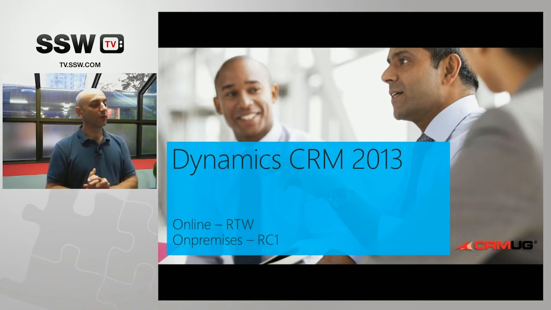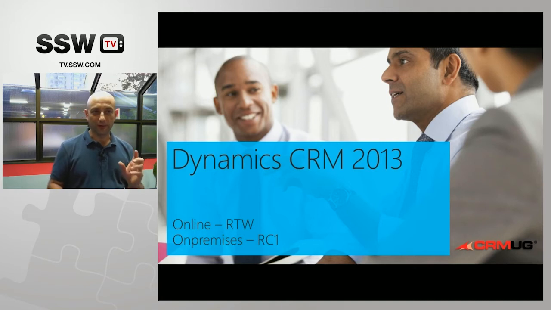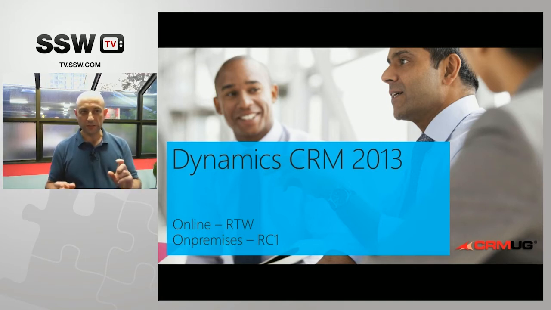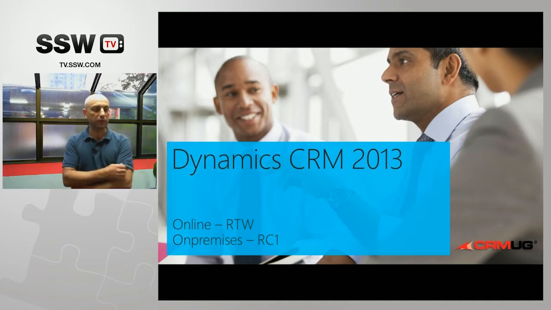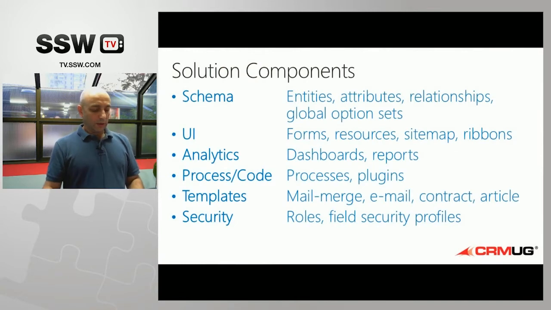So I'm not sure what they're up to in terms of features, what's missing, what's not. I know a couple of things that are missing, say from the SDK, but functionality-wise, what you're downloading is the same build that you would get online. So if you get CRM Online, you can provision, and that would be the same if you get CRM on premises.